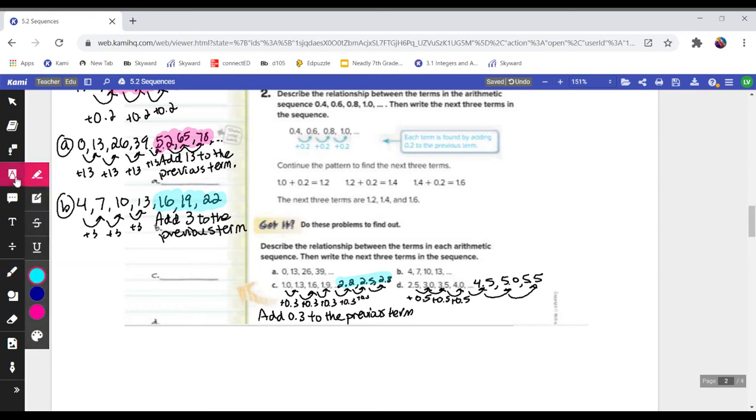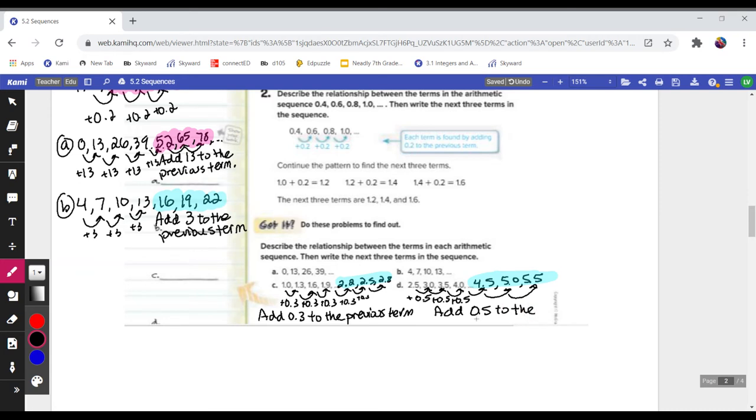So those are going to be my next 3 terms. Then to describe the pattern, you add 5/10 to the previous term. As a reminder, term is just referring to the previous number.